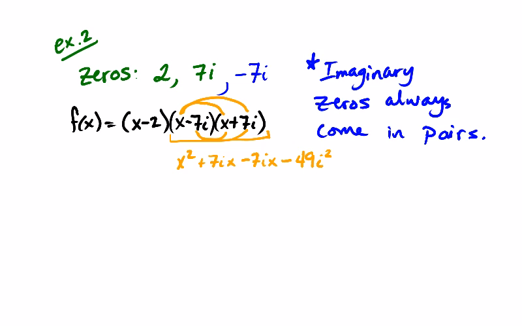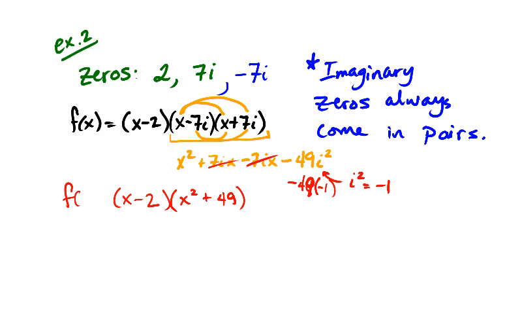We need to remember that i squared is a real number. Now, i squared equals negative 1, and so you have negative 49 times negative 1, which becomes plus 49. The 7ix cancels out, and so we have x squared plus 49 times x minus 2.